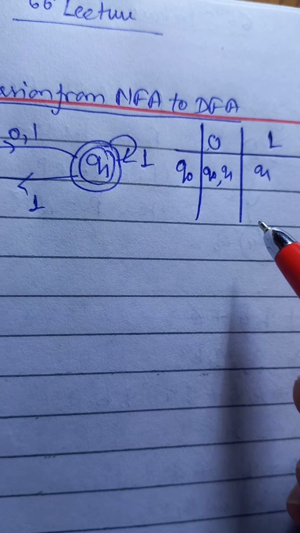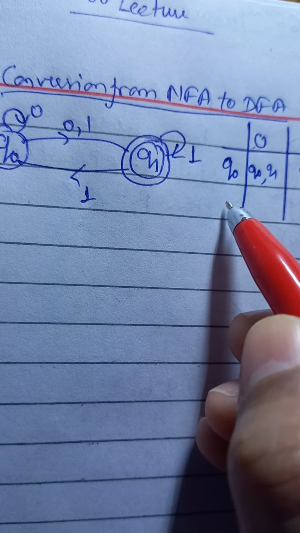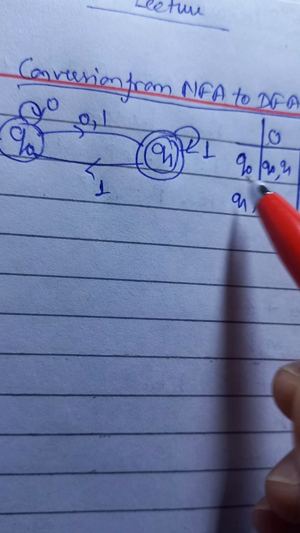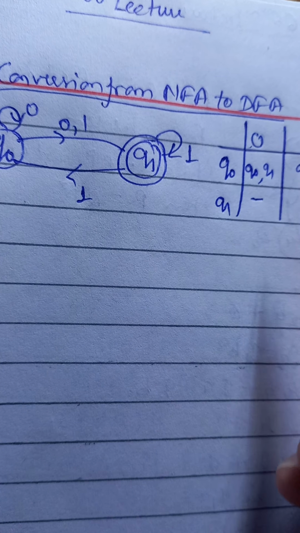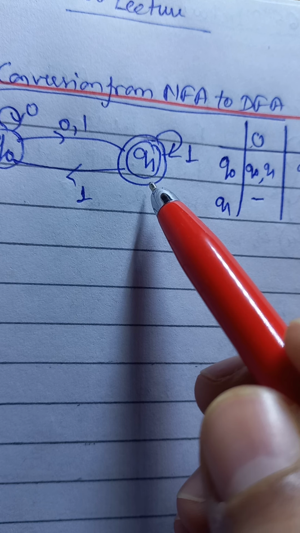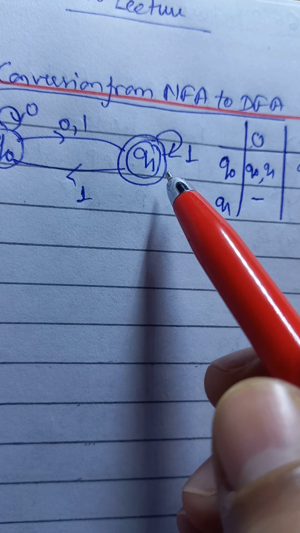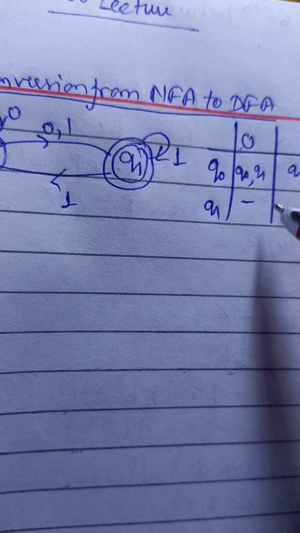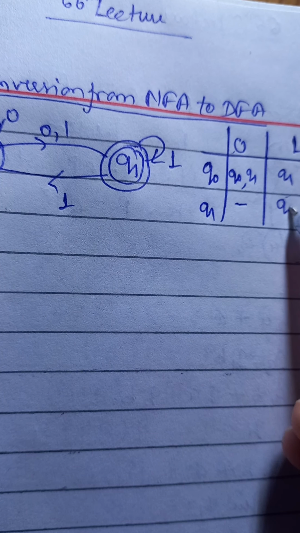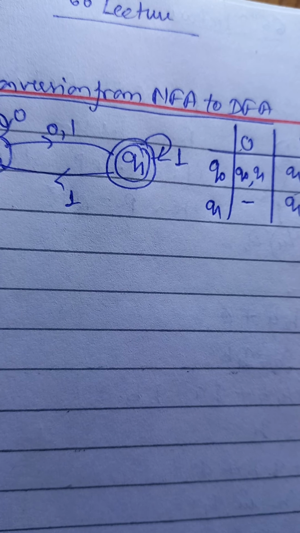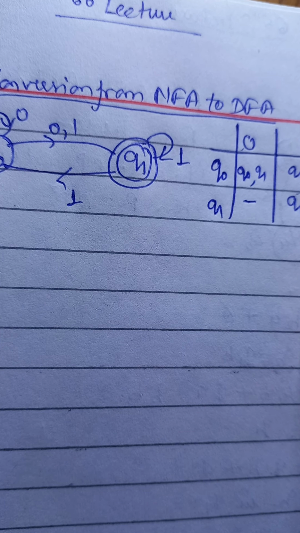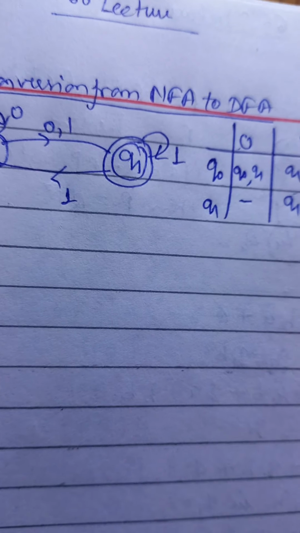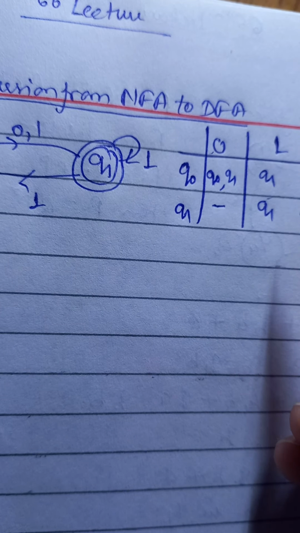In a similar way, for Q1, there is no 0 transition. This is blank. And for 1 transition, it is heading to Q1 or Q0 both.